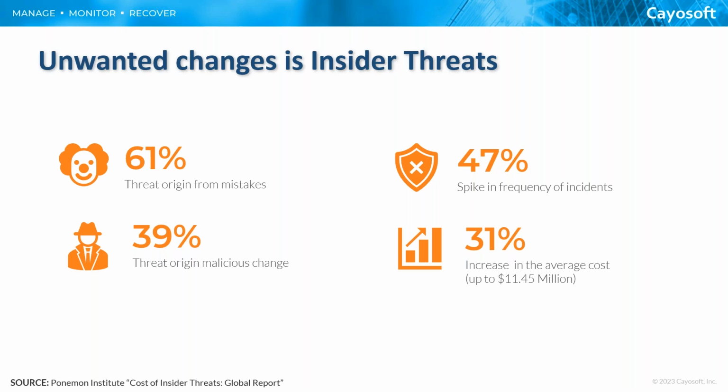Over the last several years, there's been a 47% increase in insider threat incidents, and the average cost for those, because you have some that end up taking out the entire environment, has gone up considerably over the last several years by 30% or so. They're saying that the average cost of an outage is 11.4, almost $11.5 million. That's quite a bit of money.